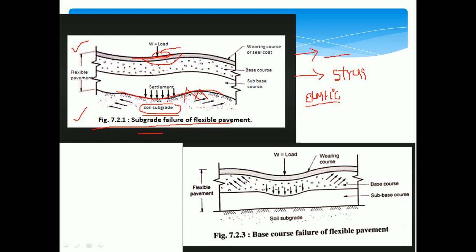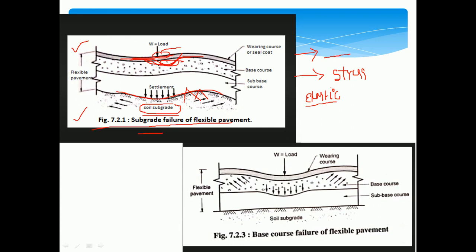And consolidated means there is an undeformable state, that is, once it is deformed, it does not come back to the original position. Sometimes it may regain its original position, or whatever settlement has been observed is a permanent settlement. That is the consolidated deformation.